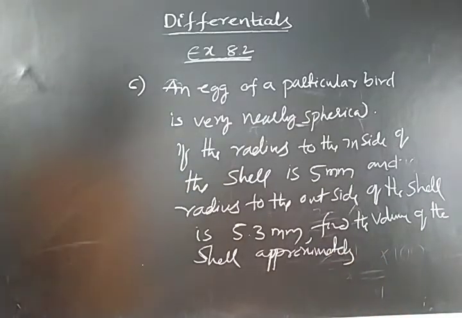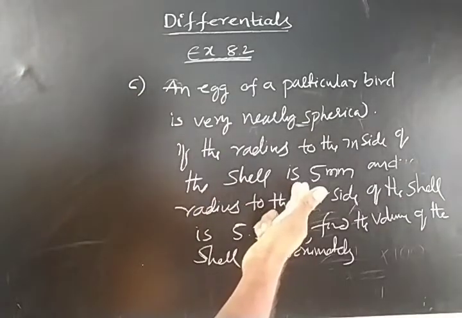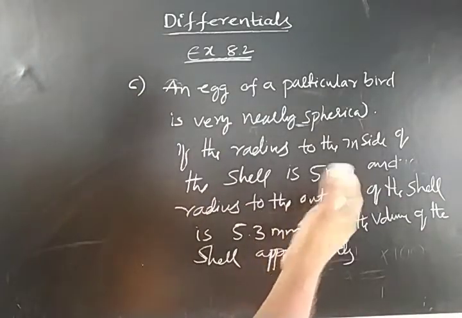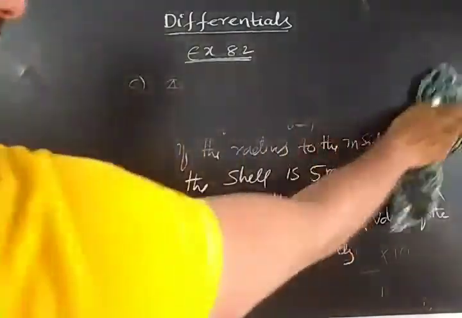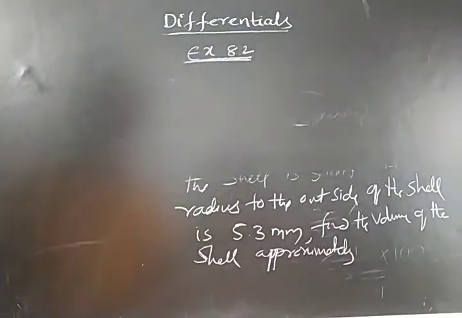So we are finding the approximate change in volume, right? When the radius changes from 5 mm to 5.3 mm. Now the shell is in the shape of a sphere.